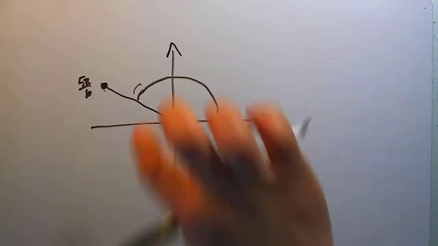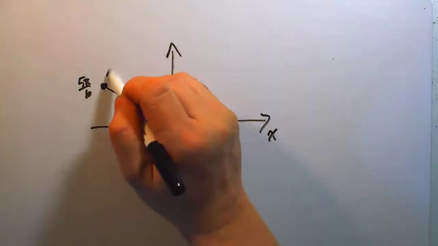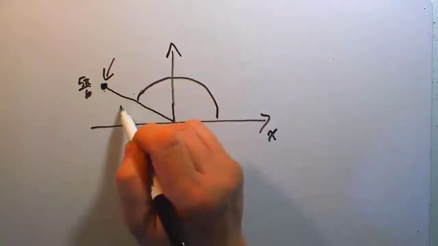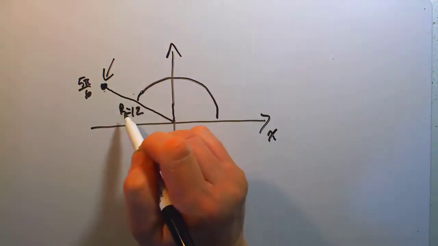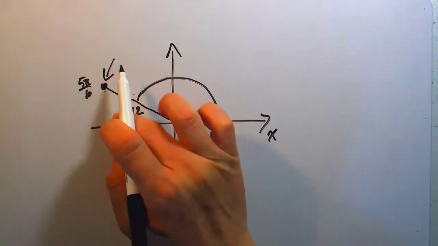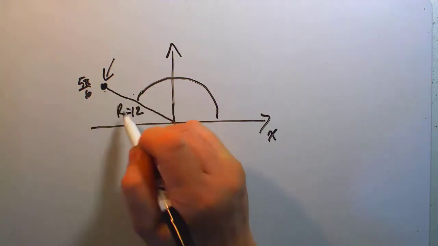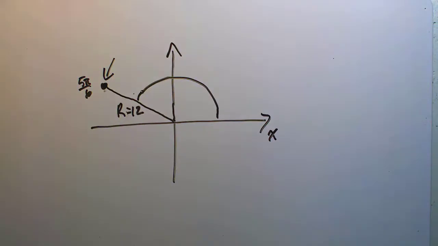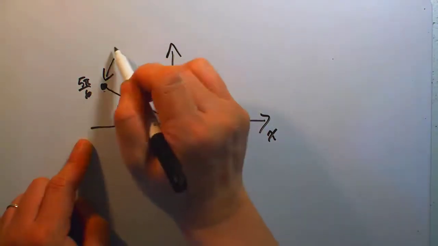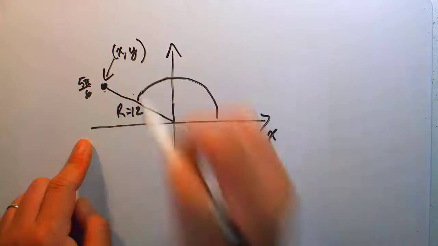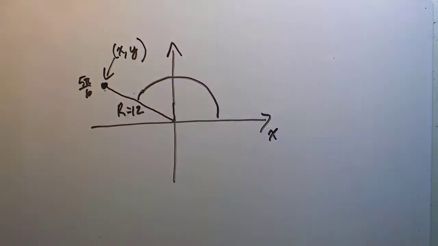Now that terminal point is known to be at radius 12, combining with the other information we've looked at earlier. That's the point we need to look for: which coordinates x, y can it be? Since the description says the angle is 5 pi over 6 from the positive x-axis, let me also introduce another term that is quite often used.